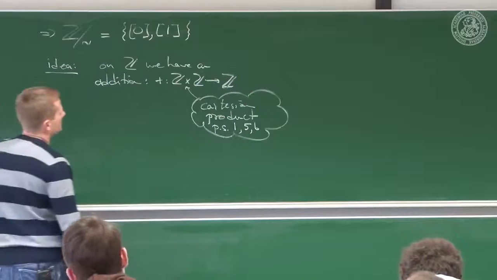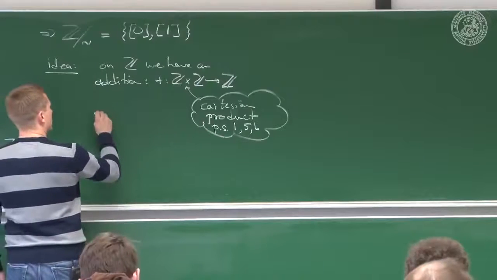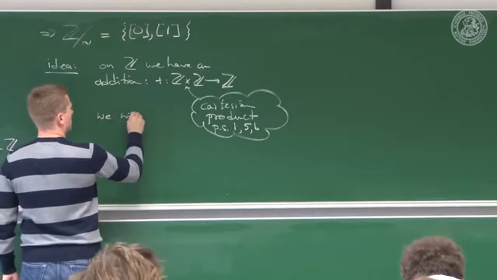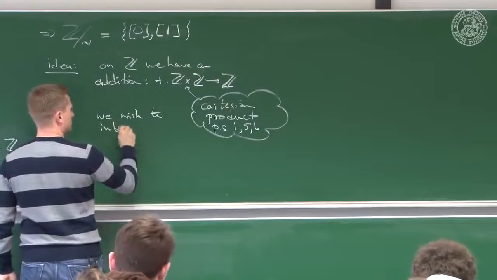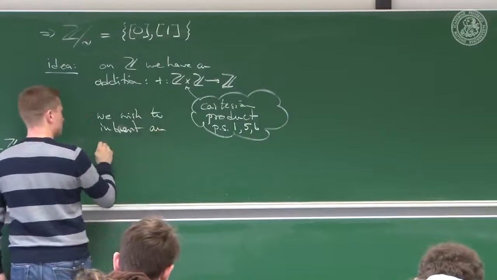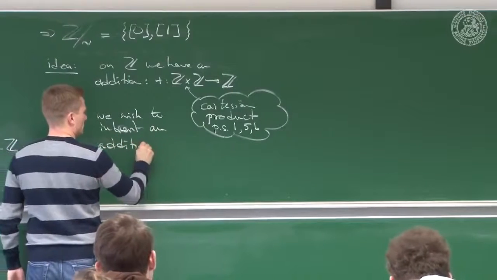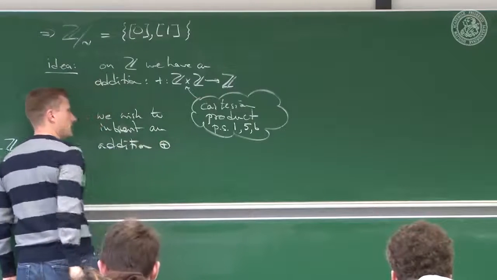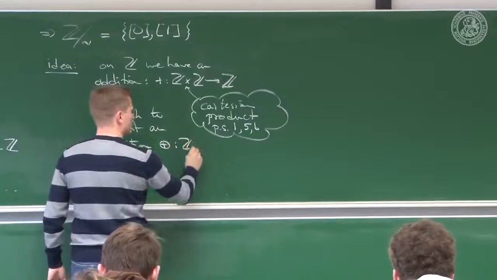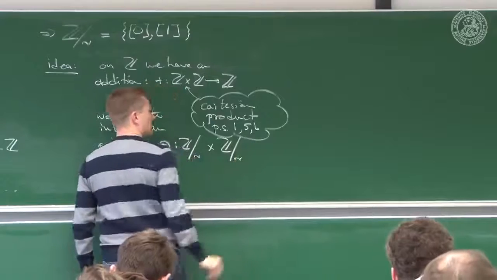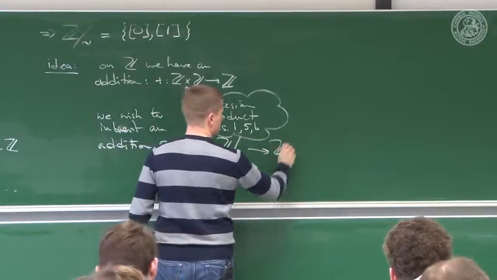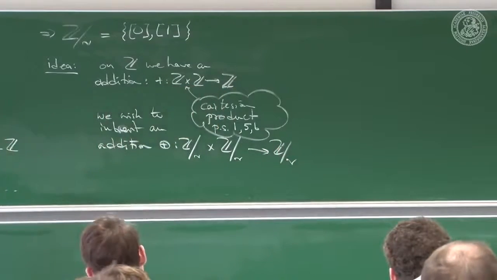On Z we have an addition plus, and we wish to inherit an addition, which deserves a different name, plus, and this addition is supposed to take two elements of the quotient space and return an element of the quotient space.